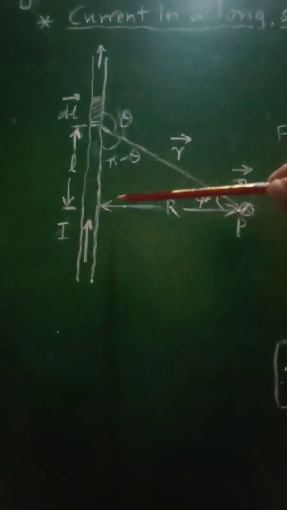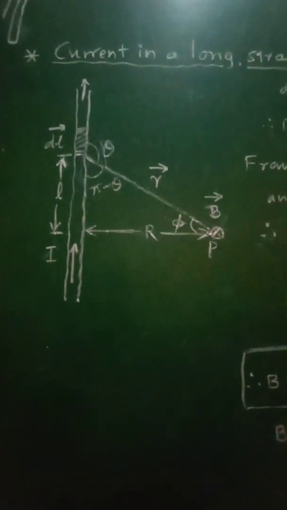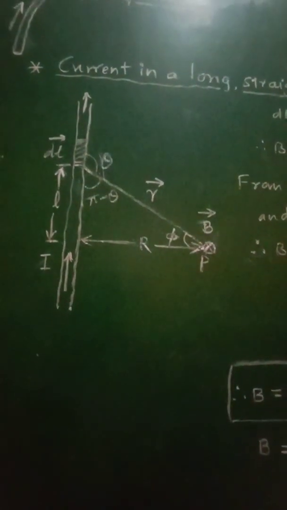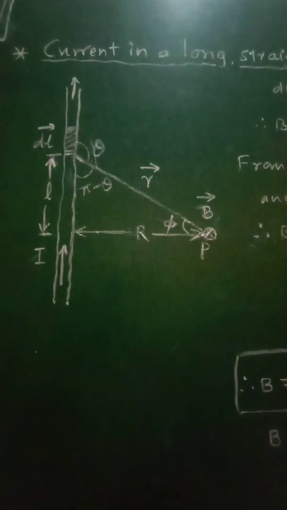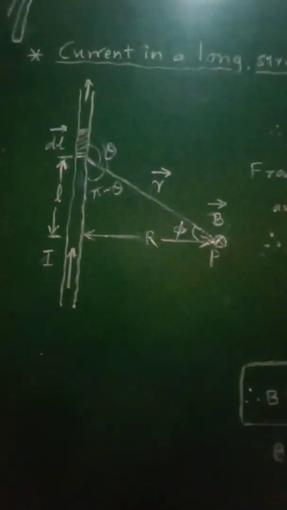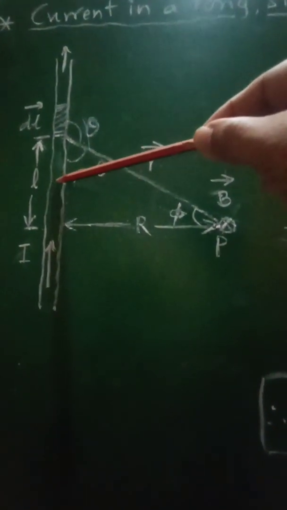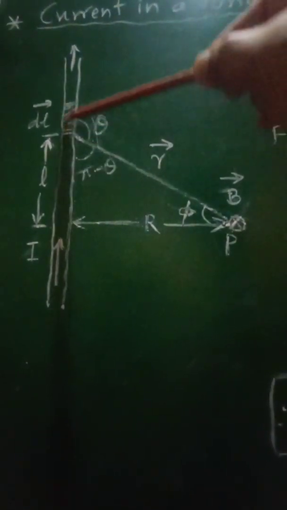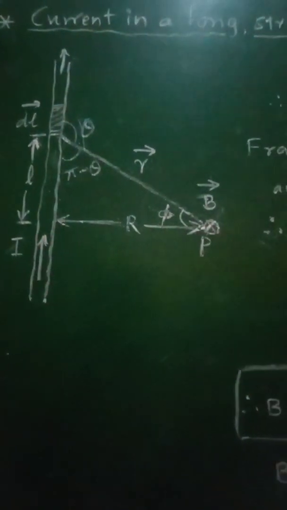Now as this wire is infinitely long, we can divide that wire into two equal semi-infinite parts. This will be the upper semi-infinite part, this will be the lower semi-infinite part.